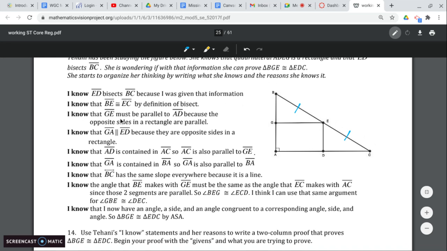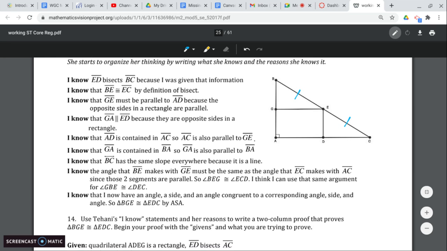So the next thing she starts talking about is the parallel. So she's saying that GE must be parallel to AD because opposite sides are parallel in a rectangle. She also knows GA and ED are parallel because they're opposite sides in a rectangle. So parallel we notate with arrows.